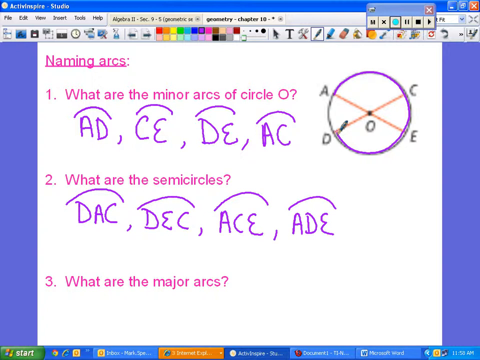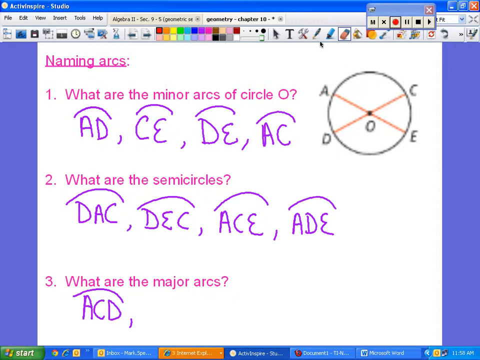So you could call it AED, or you could call it ACD. And then really, all you have to do is just go around the circle.